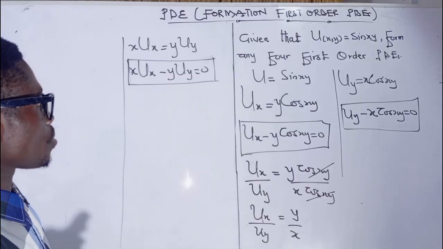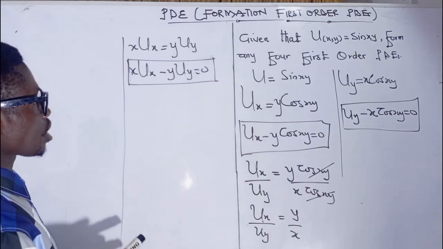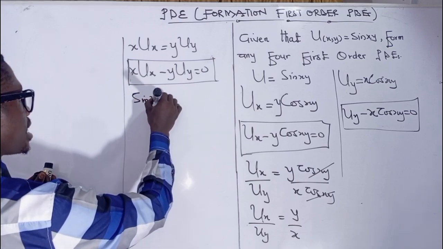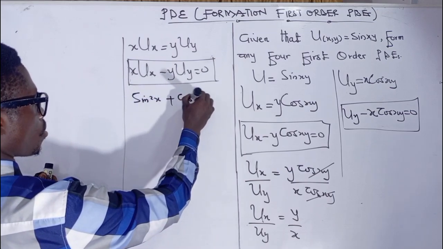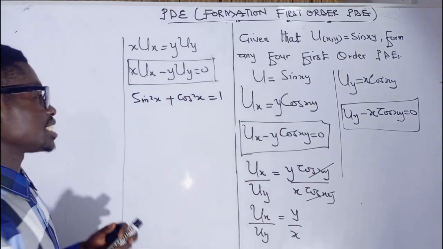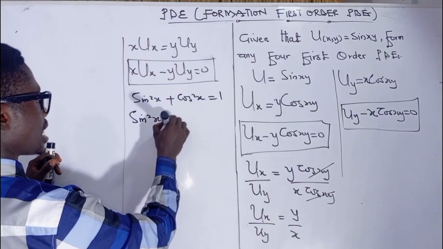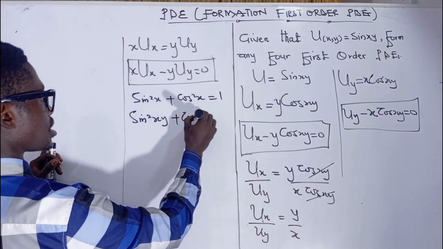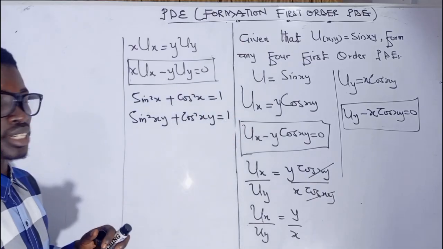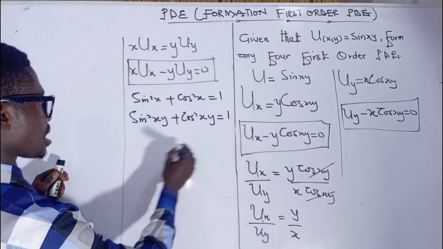Now let's look at another one. In trigonometry, we know that sine squared x plus cos squared x is equal to 1. If that is the case, then we can say that sine squared xy plus cos squared xy is equal to what? 1. So from here, you can decide to make cos squared xy the subject.